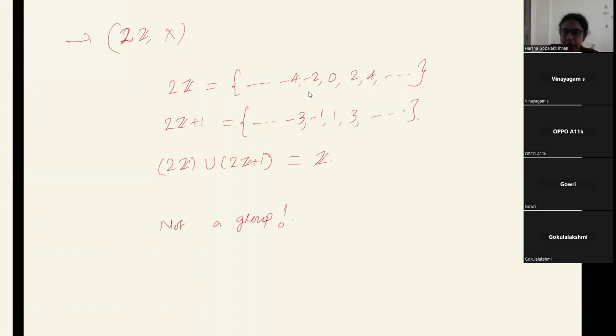Adding two even integers gives an even integer, associativity clearly holds, the identity 0 is there, and for any even integer 2n, the inverse minus 2n is also there. So 2Z under addition is a group. If you want, you can verify all the properties. Does anyone have a doubt about how to check the group conditions?